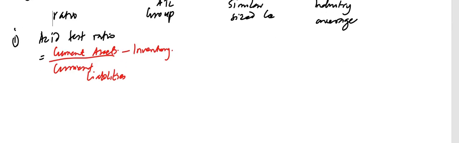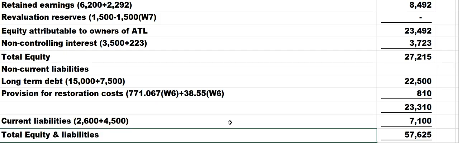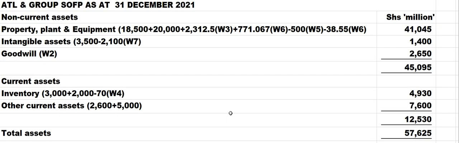So what are the current assets of this group, excluding inventory?